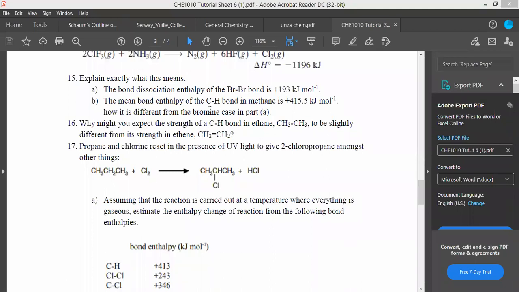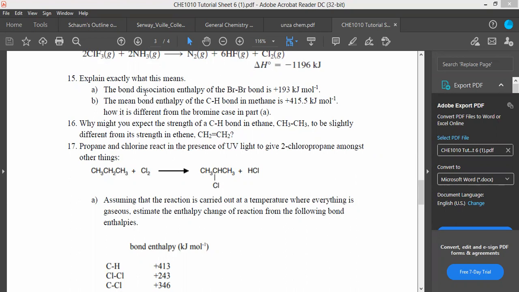But when you are defining, that is what it is. Bond dissociation is the energy required to break the bond.